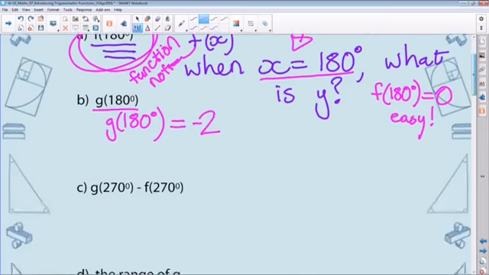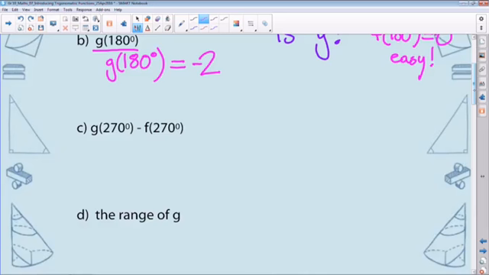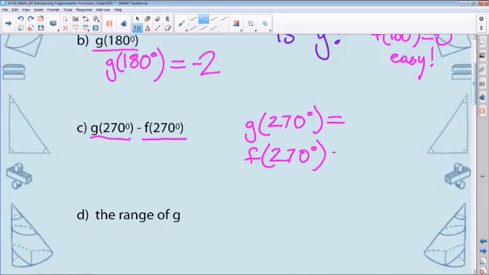Now this is where most people start to panic. g of 270 degrees minus f of 270 degrees. Well, let's treat them as two different problems first. Let's find out what g of 270 degrees is equal to and what f of 270 degrees is equal to. And we go back to our graph.